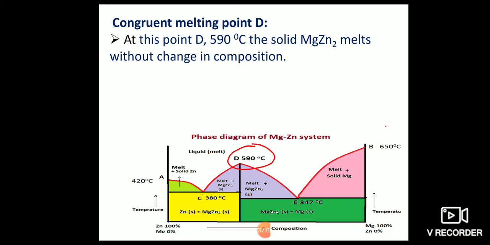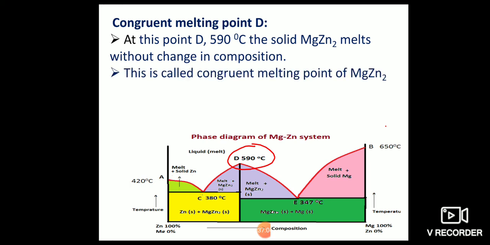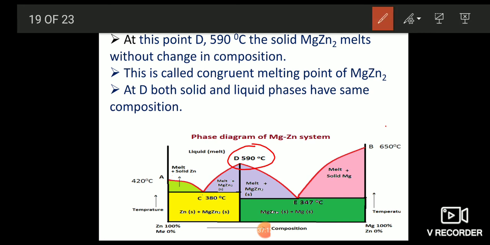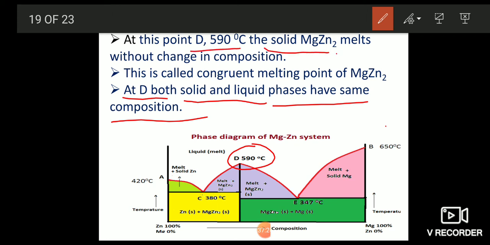That we have to underline. This is called the congruent melting point of MgZn2. At D, both solid and liquid phases have the same composition. The main thing we have to remember is that at 590 degrees Celsius, the solid MgZn2 melts without change in composition.